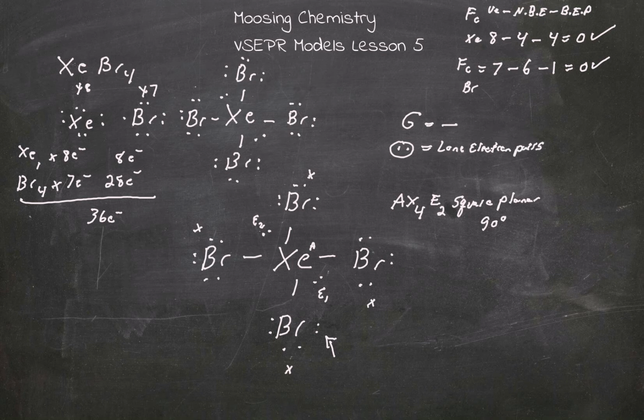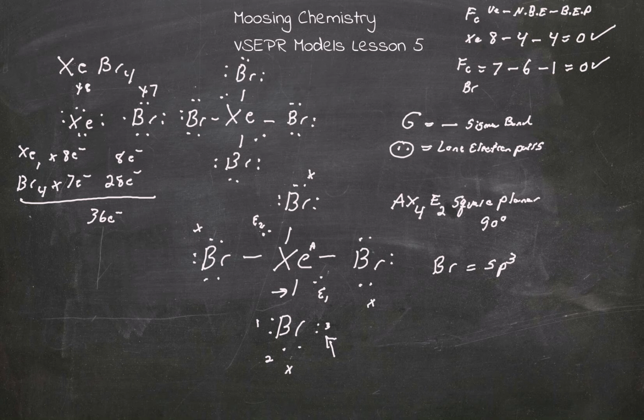So when we look at bromine, we have 1, 2, 3 lone electron pairs, and we have one shared pair, one sigma bond. Remember, that's called a sigma bond. So for bromine, we have 4 things. So we have 1 s and 3 p.